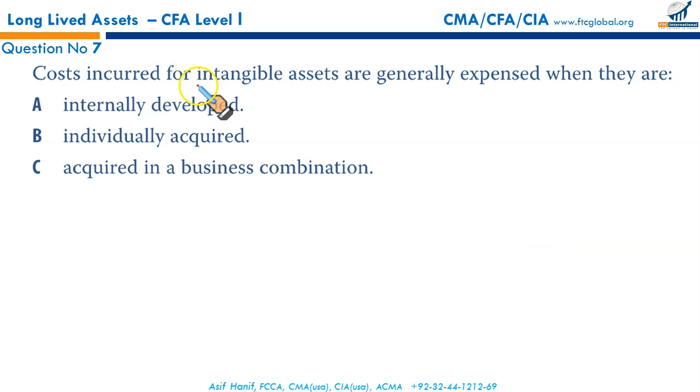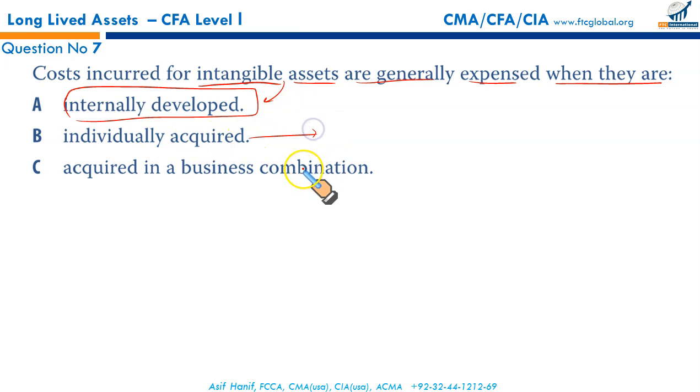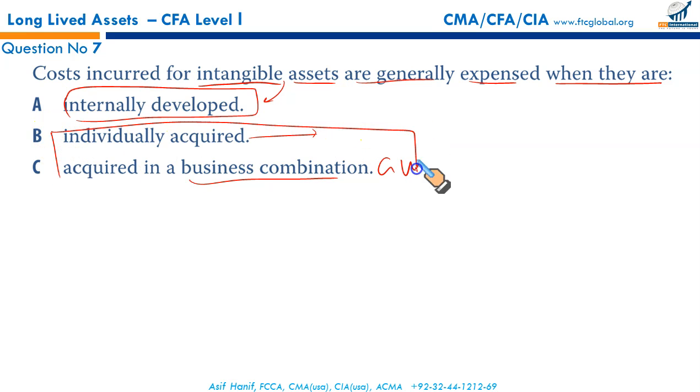Costs incurred for intangible assets are generally expensed when they are internally developed. Internally developed intangible costs, like any research and development cost to acquire some new knowledge and develop it into a viable product, are all expensed as incurred. But when an intangible is individually acquired, or when an intangible arises due to a business combination, this is goodwill, these two are separately accounted for as an asset.